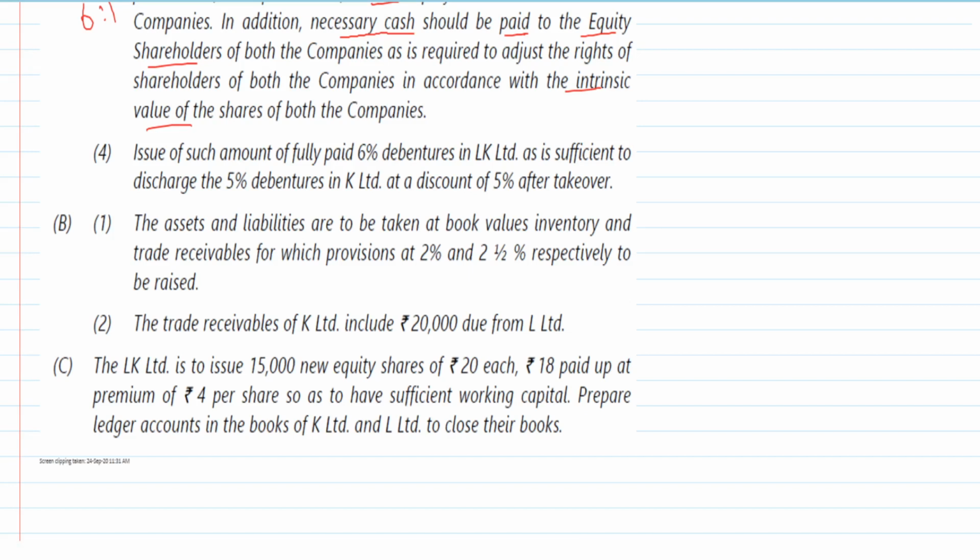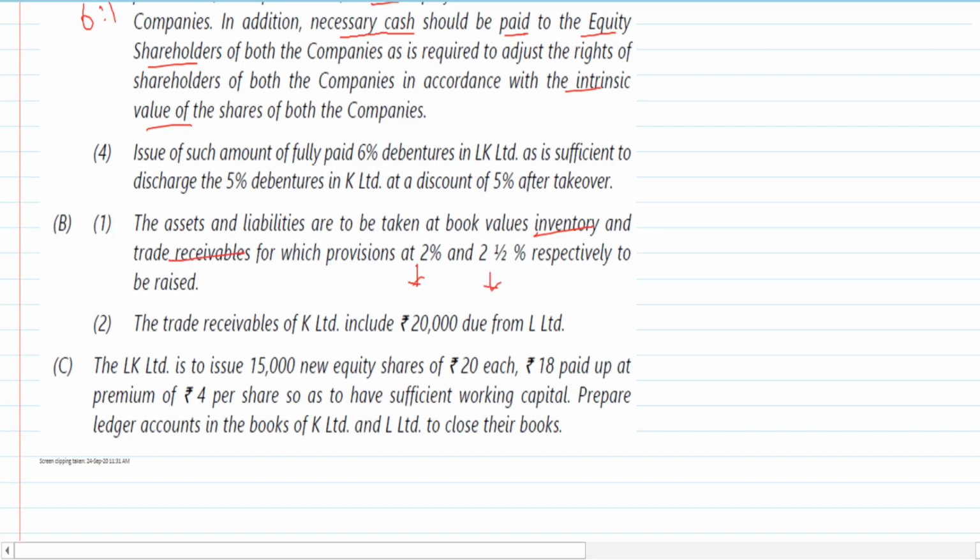In B, they are saying the assets and liabilities are to be taken over at the book values, inventory and trade receivables for which provision at 2% and 2.5% are to be raised. So yes, book value of the inventory I'll have to reduce by 2%, and trade receivables we will be reducing by 2.5%.